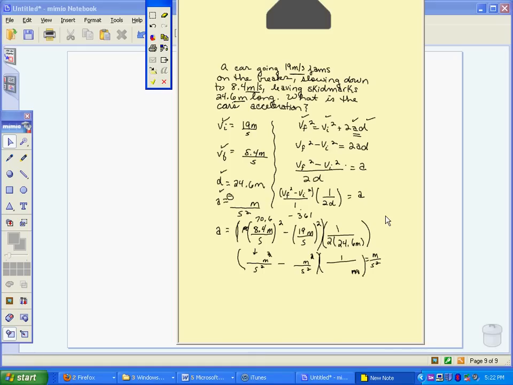I'm kind of running out of room here, so I'm going to go right over here. Negative 290.4 divided by 2 times 24.6 is 49.2. So negative 290.4 divided by 49.2 gives me a negative 5.9. So my acceleration, negative 5.9 meters per second squared.